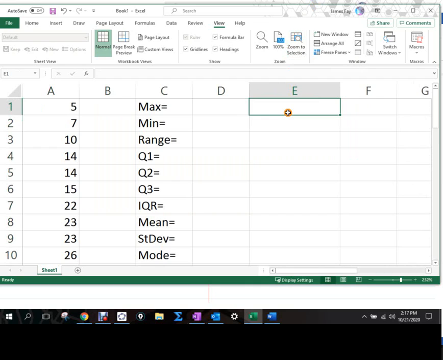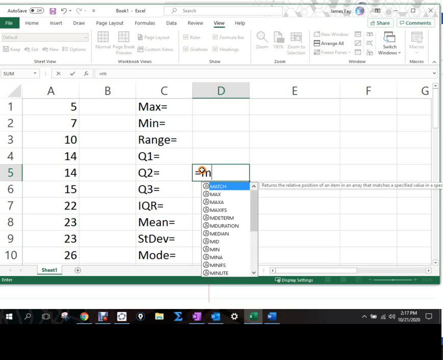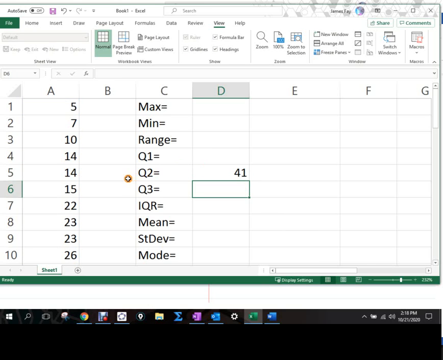Let's say I've got a list here of data, and if I want to find Q2, which is the median, I think the best thing to do is say median, and then highlight my list. I think I got 42 pieces of data, and it'll give me my median.